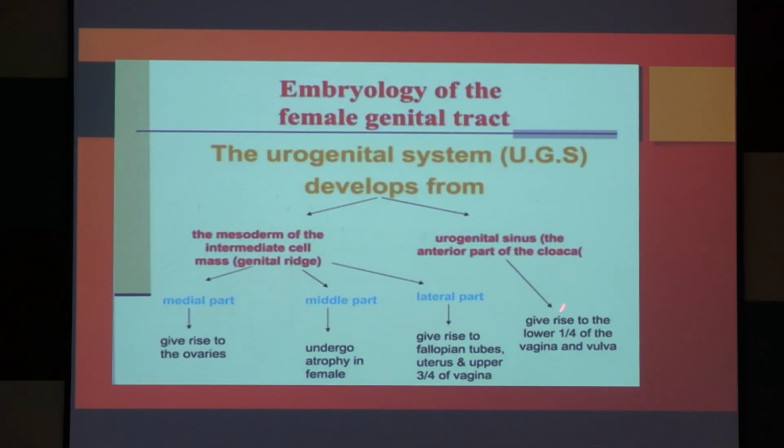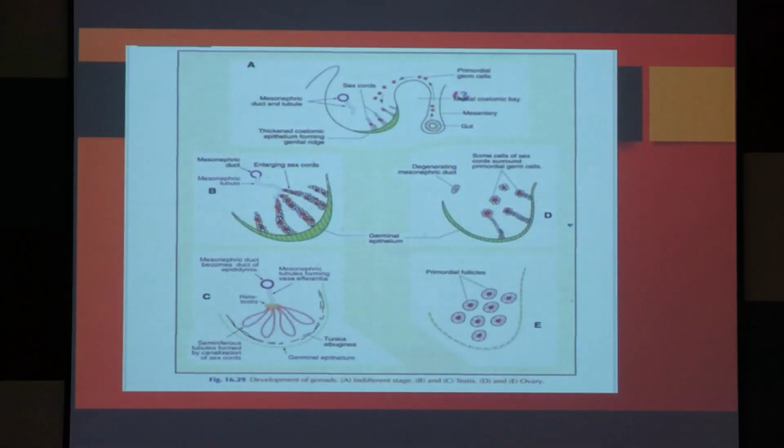The ovary develops from the medial part, the gonadal ridge, and the lower 1/4 of the vagina develops from the urogenital sinus. And for the ovary, the germ cells migrate from the hindgut at about the 6th week into the genital ridge, which is a thickening on the intermediate cell mass. The intermediate cell mass has a medial part and a lateral part, and it is the middle intermediate part from which the genitourinary system develops.